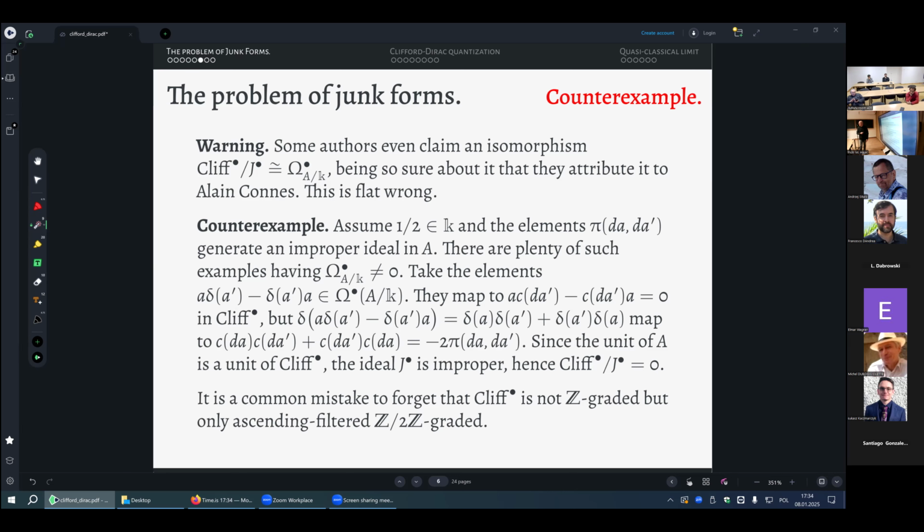So let's assume that our field is the field of complex numbers, where 2 is inverted.